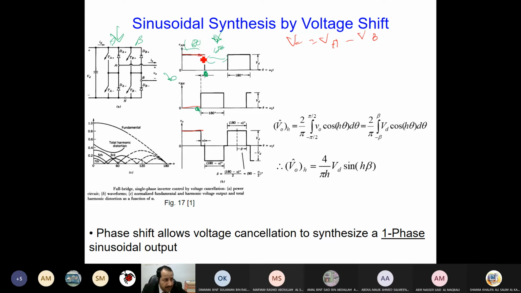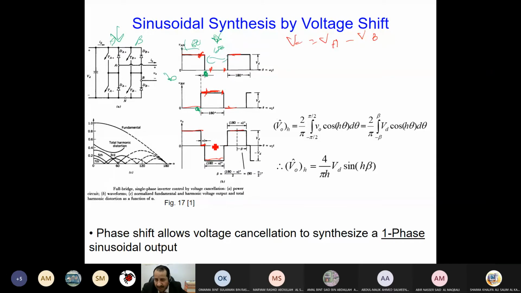From here, we have VD minus VD, which gives 0. Now here, 0 minus VD gives minus VD. Here, 0 minus 0 is 0. Here, VD minus 0 is VD.